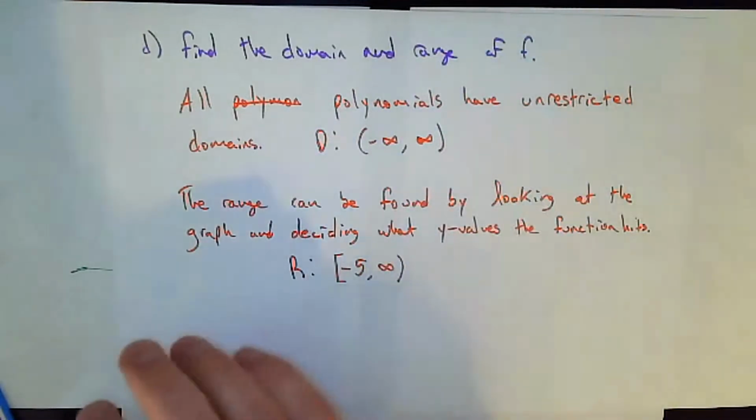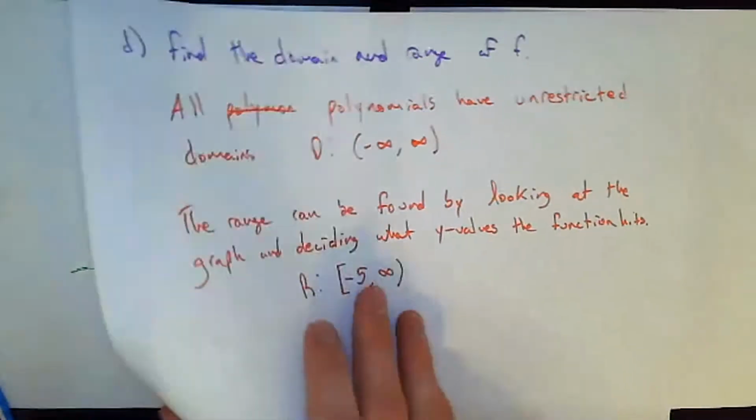Before I end today, I want to get some special function forms into standard form and write their vertex, x and y intercepts, basically everything I just did for that 2x squared minus 12x plus 13.